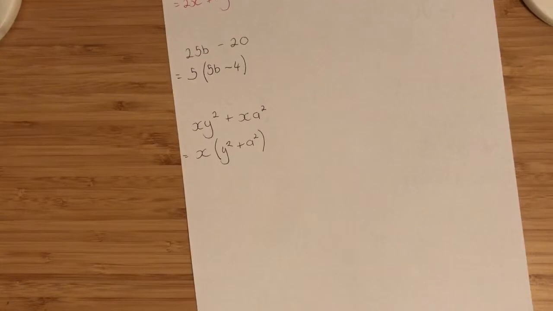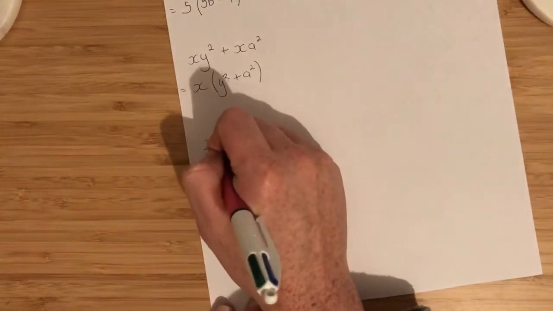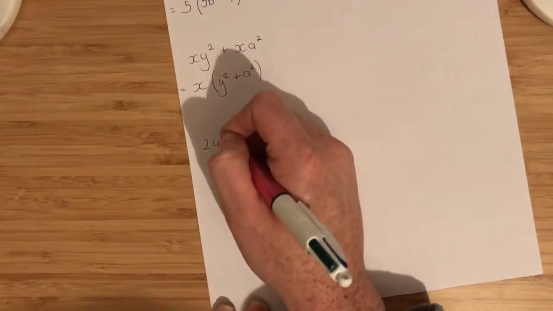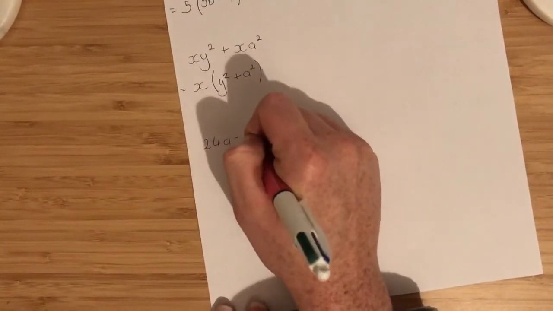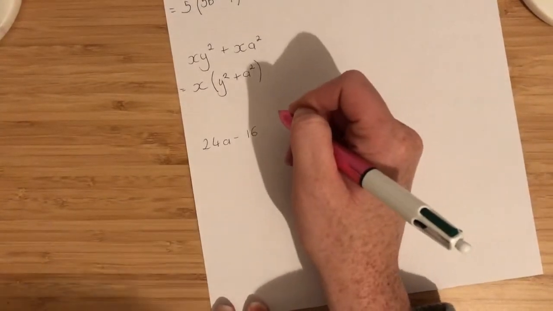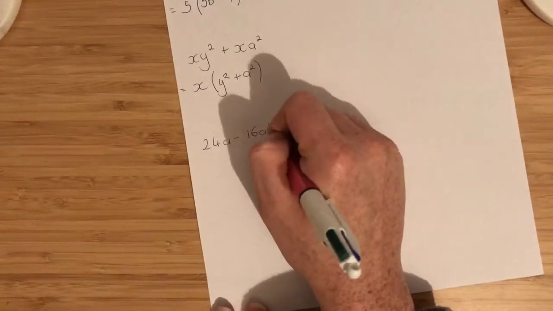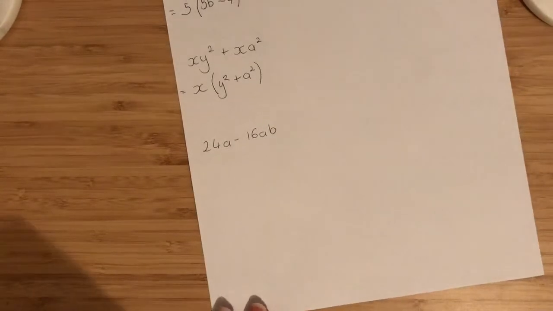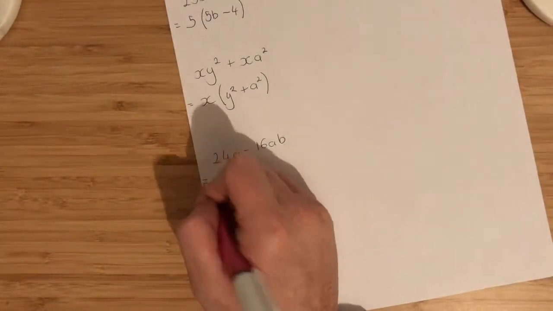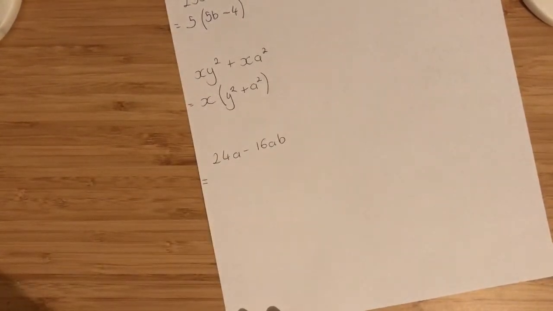Okay, let's look at another one. We're going to do 24a minus 16ab. Right, so looking at the numbers first, is there a highest common factor? What goes into 24 and goes into 16?